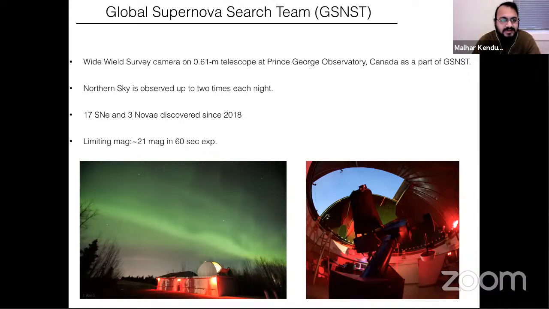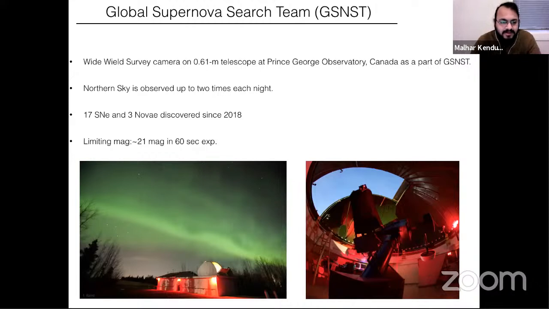It has a wide field survey camera mounted on a 0.6 meter telescope, and it is part of the GSNHD survey. We observe the northern sky up to 2 times each night, depending on weather. Using this telescope, we have discovered around 17 supernovas and 3 novas in the Andromeda Galaxy since 2018.